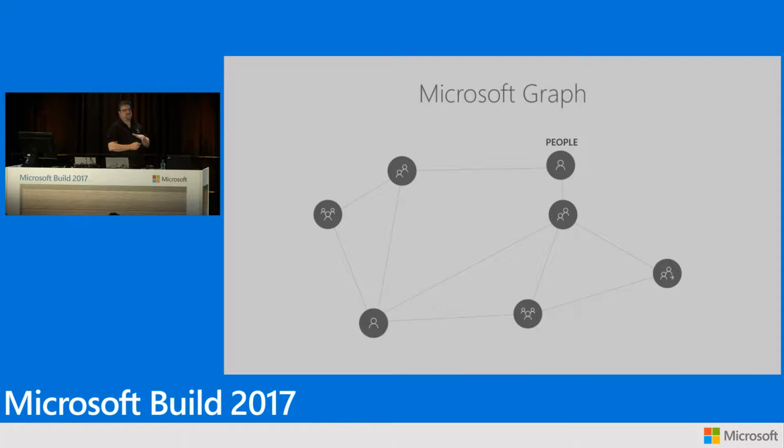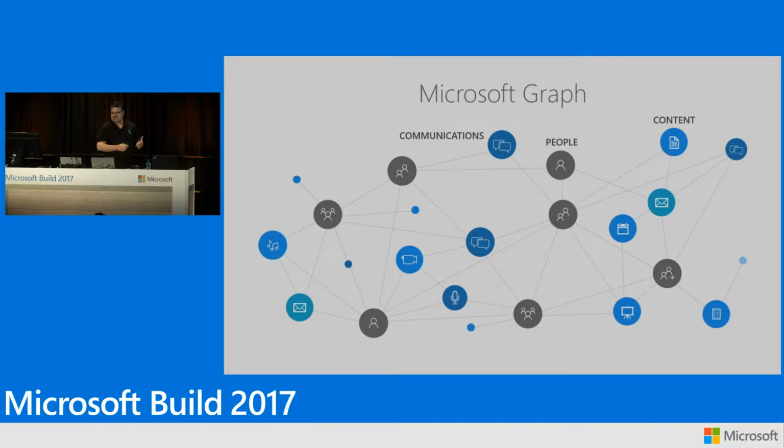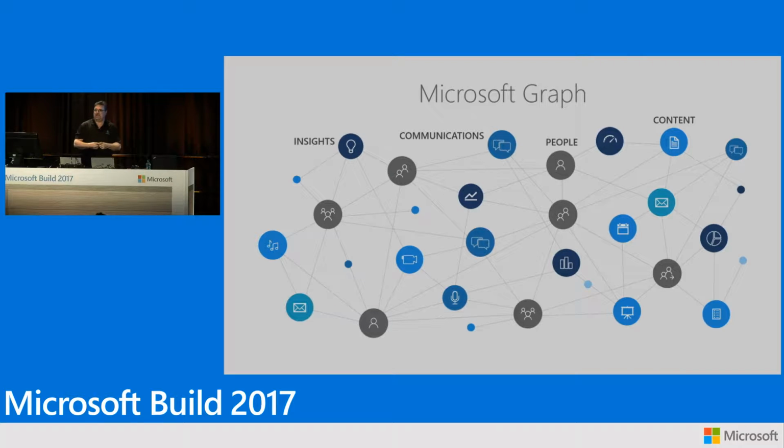And so as we look at that, I'm actually going to start by re-emphasizing a message you've been hearing across a bunch of the sessions, especially as it relates to Office, which is as you look at our story for developers and API schemes, we're starting from a collection of data, and you're thinking about people, you're thinking about content, but most importantly, as we look forward, you're going to start to think about communications in relation to all of this other material that you're now starting to work with, both in terms of being able to mine the conversations that are in the graph, but as well as being able to actually interact and participate in those conversations directly so that you can now start to draw insights out of all of that information and start to bring that back to your interactions with your customers, your end users, et cetera.